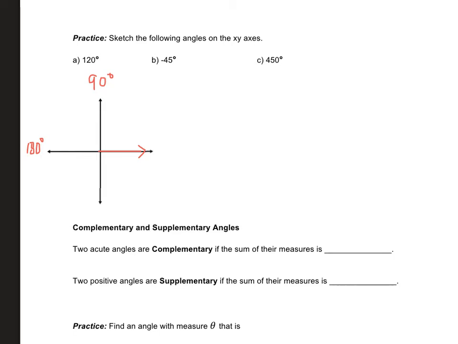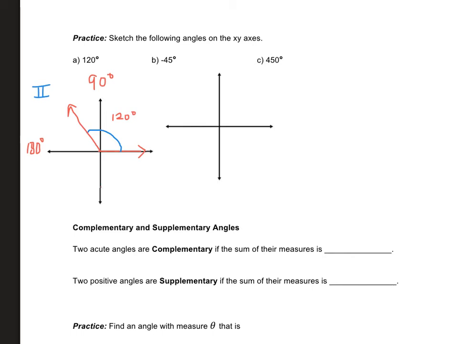It's exactly 30 degrees past 90. So we want to estimate that as we rotate this initial side about 30 degrees, or about a third of the way through quadrant 2. And that would get us to the terminal side for an angle that has measure of 120 degrees.